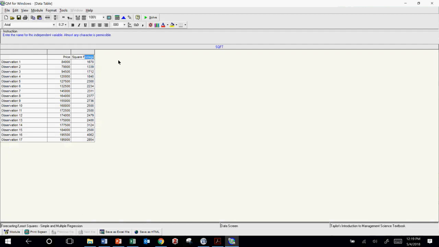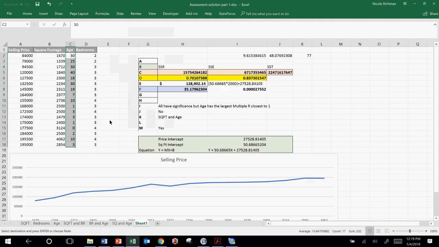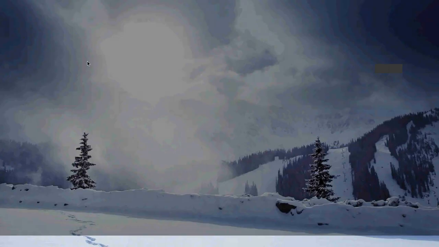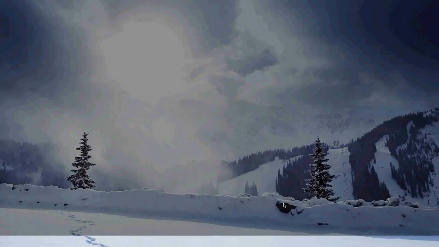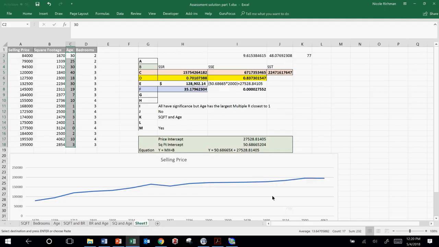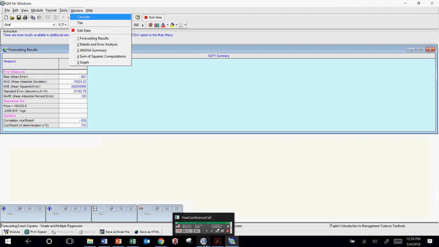So now, once I've saved that, I can do age for example, and then come back to my data and copy this and paste my age in. Oops. Got to watch POM. Sometimes it can be a little bit tricky. Our first one is just 30. And now I can solve for age.